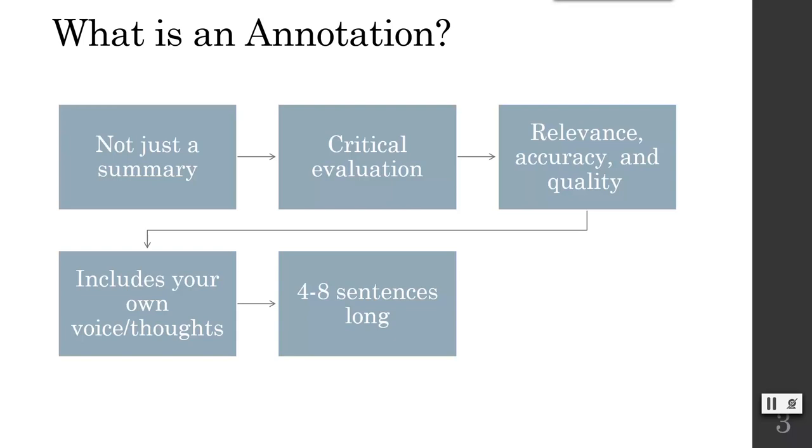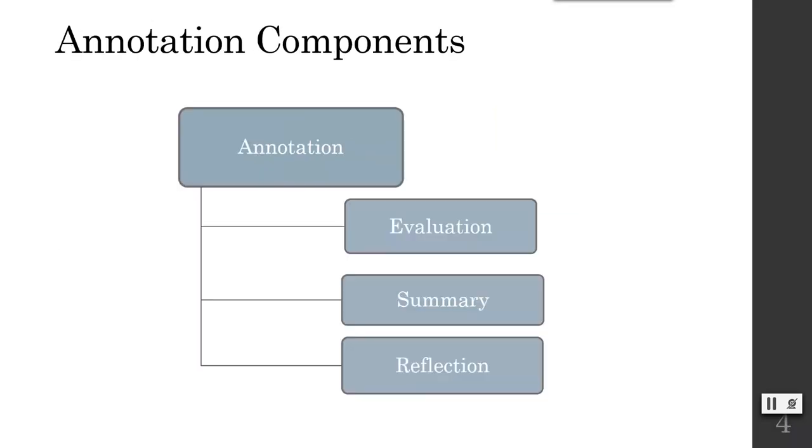Perhaps for Article 1, you have a full 8 sentences. For Article 2, perhaps you need just a sentence for each component of your annotation. Your components should be an evaluation piece, a summary, and then a reflection.